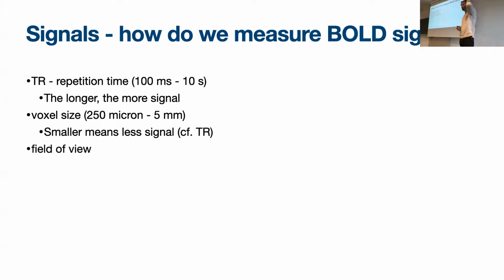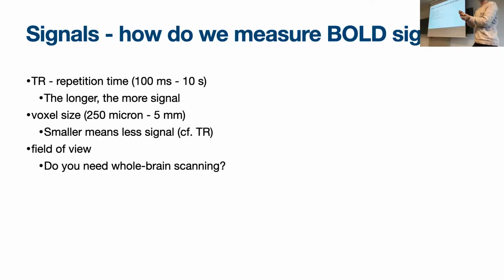So let's say you want to be really specific. That means that you can make the choice of saying, do I need whole brain? I can also just focus on a specific part. That means that I can leave out 90% of the brain, which gives me a 10-fold increase in what I can do in that portion of the brain that I'm interested in. So you can do that. It's just problematic, because two bad things can happen.